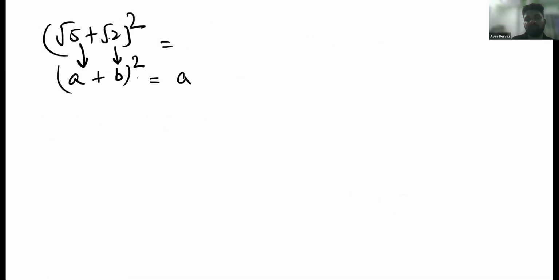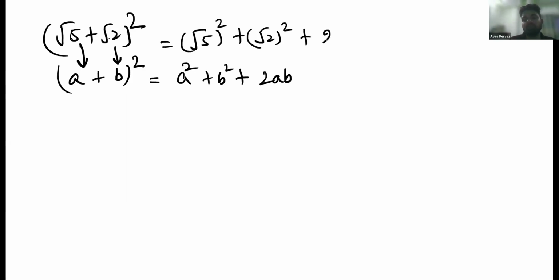The formula for a plus b whole square is a square plus b square plus 2ab, 2 times a into b. So we write a square means root 5 square, plus b square means root 2 square, plus 2 into root 5 into root 2.